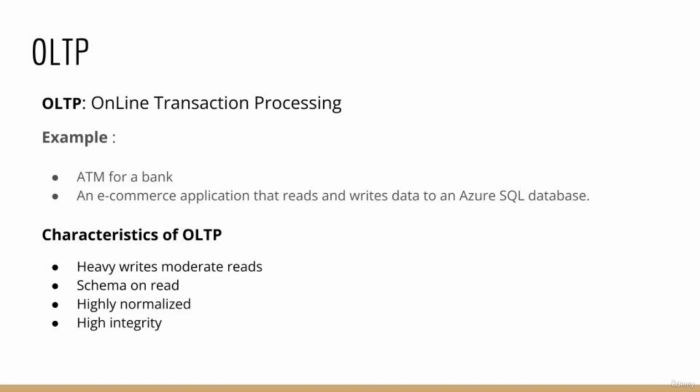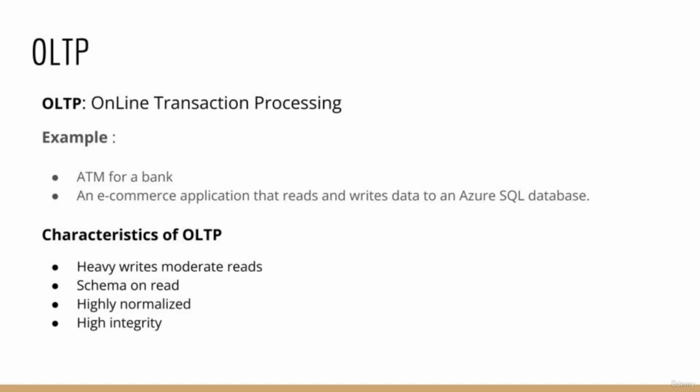Online transaction processing applications have high throughput and are insert or update intensive in database management. These applications are used concurrently by hundreds of users, and the key goals of OLTP applications are availability, speed, concurrency, and recoverability. OLTP is characterized by heavy writes and moderate reads because a lot of transactions are written to the database every day, while reads are moderate.